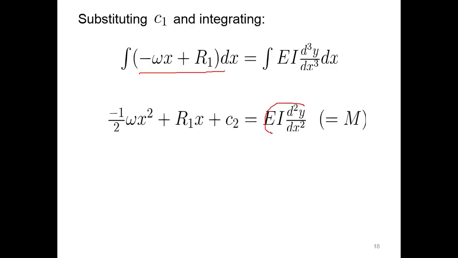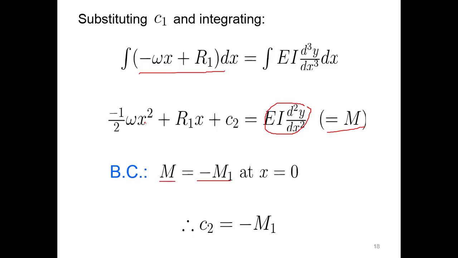On the right side, that's our moment equation. Looking at our boundary conditions, the internal moment is equal to the negative of the reaction moment at node 1, located at x equals 0. Substituting x equals 0, we get that C2 is equal to the negative of the reaction moment at node 1.